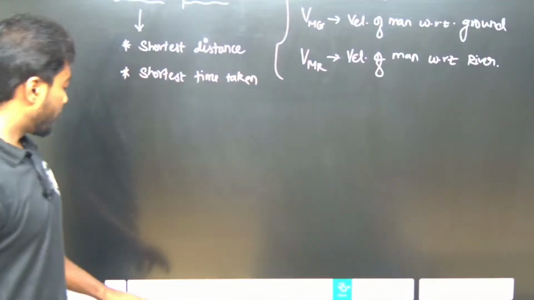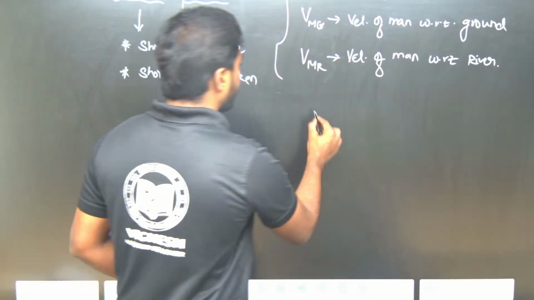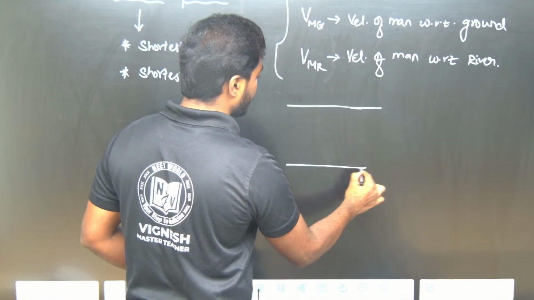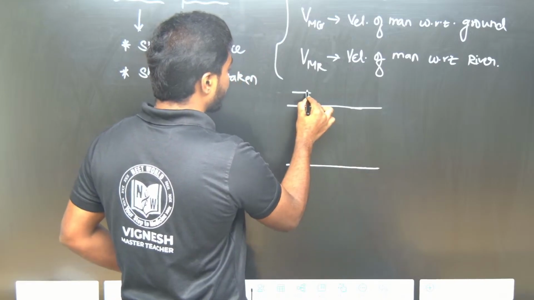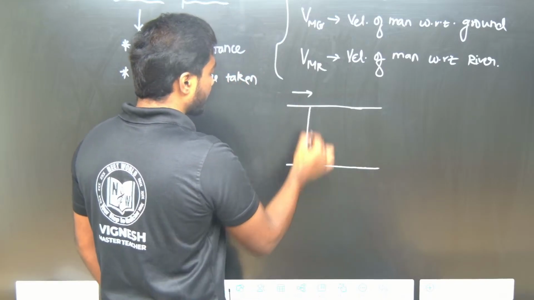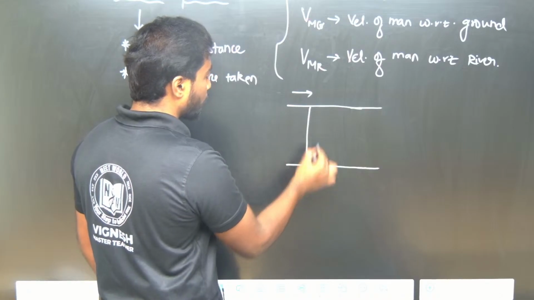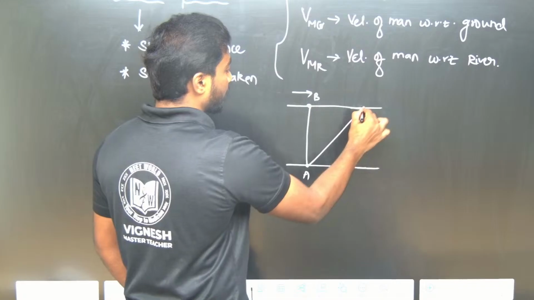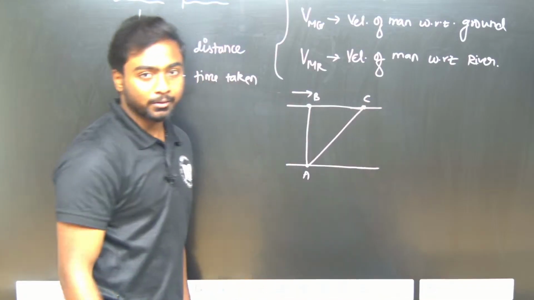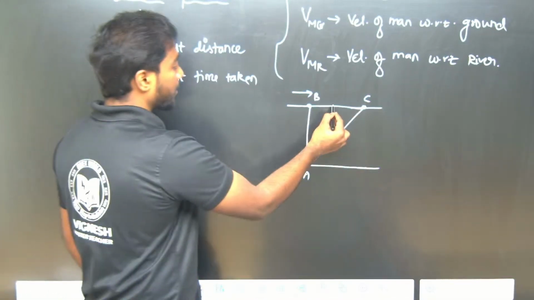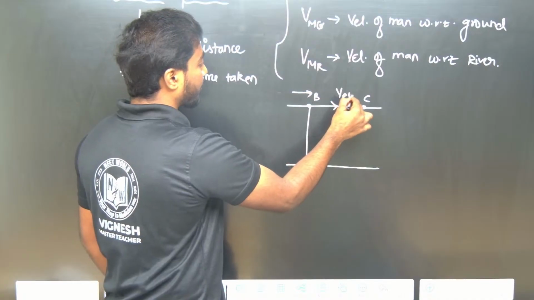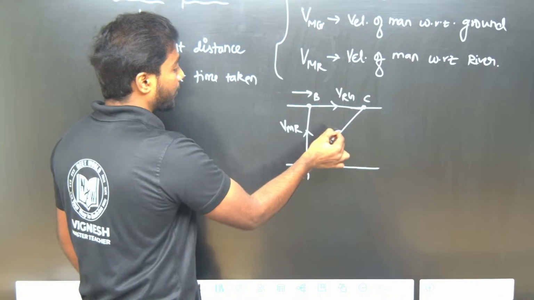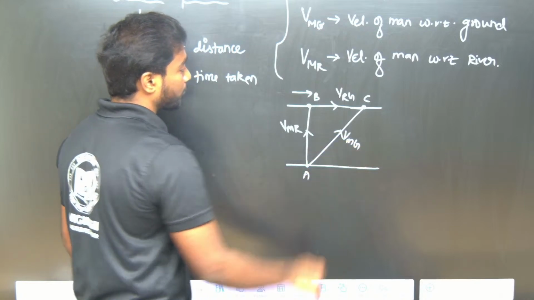We know the condition: if this is my river flowing in this direction, and I start from point A to point B, I will reach point C. This is my velocity of a river with respect to ground, velocity of a man with respect to river, and velocity of a man with respect to ground.